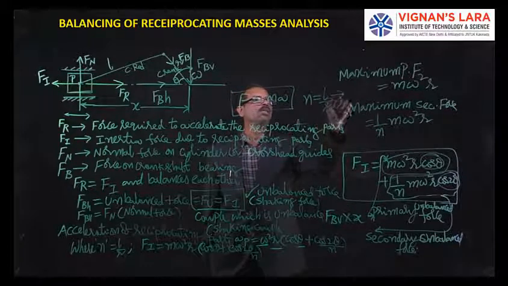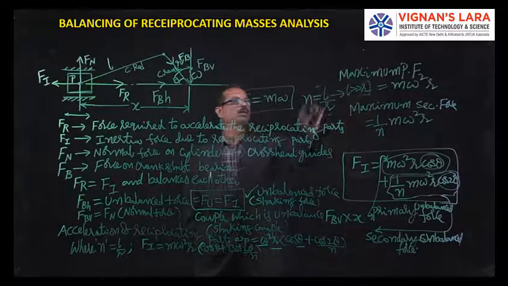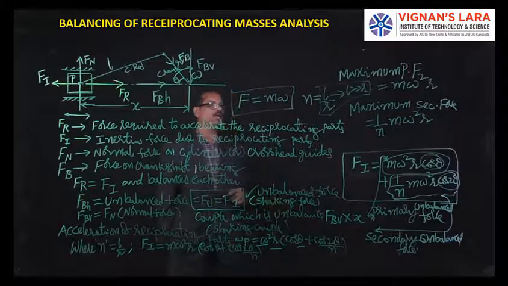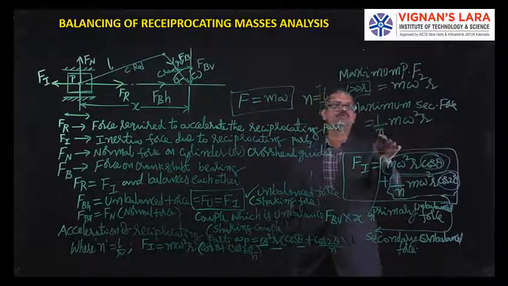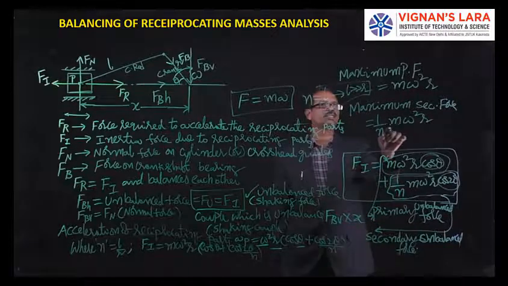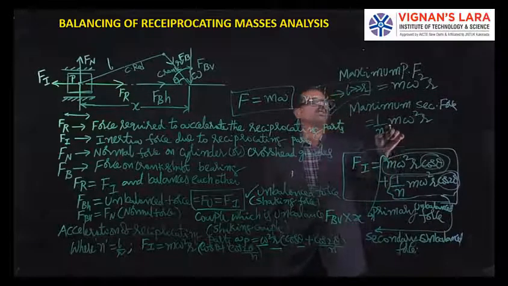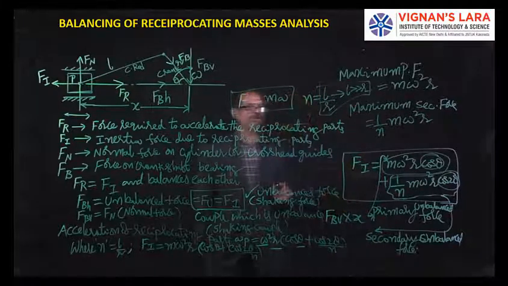We know L is always greater than r, so naturally L by r is a larger value. When L by r is a larger value, 1 by n is small. That means the secondary unbalanced force is much lesser than the maximum primary unbalanced force.